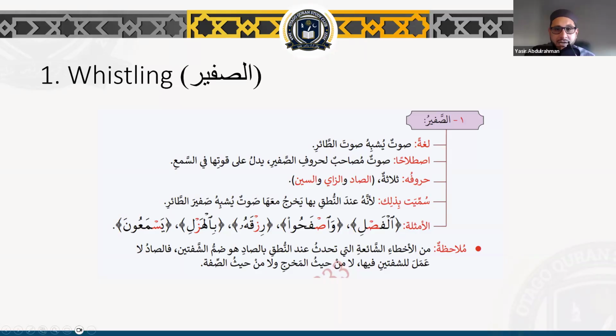So that's exactly why we need to be careful, because the sheen could have some whistling added to it, but that's not a welcome addition. It should be clear from that whistling. These are the only 3 letters where the whistling sound is expected to happen. The other letters should be clear from that. The sheen has another characteristic which is called the tafashi.